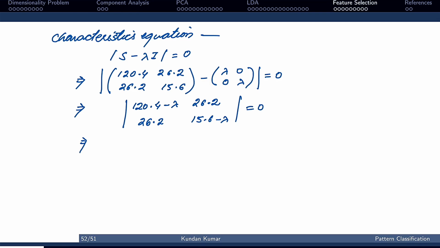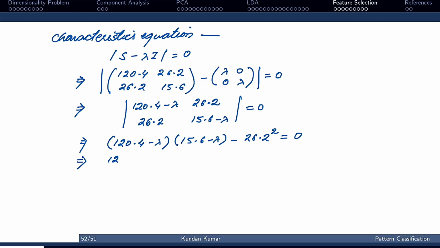Now we can compute the value as 120.4 minus lambda times 15.6 minus lambda, minus 26.2 square, equal to 0. So now we can solve it.